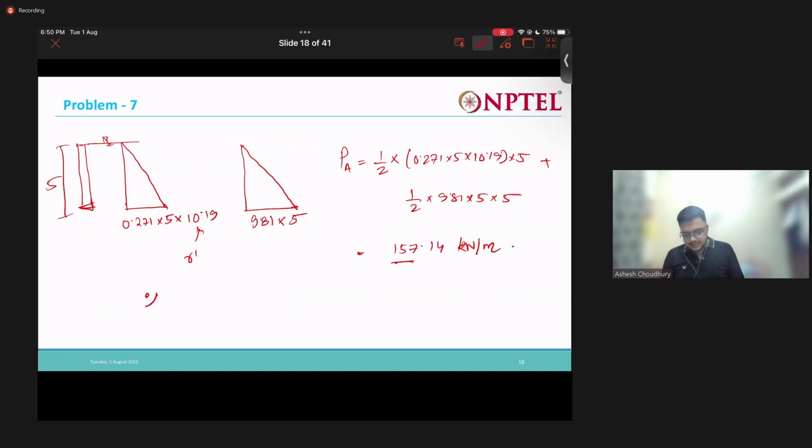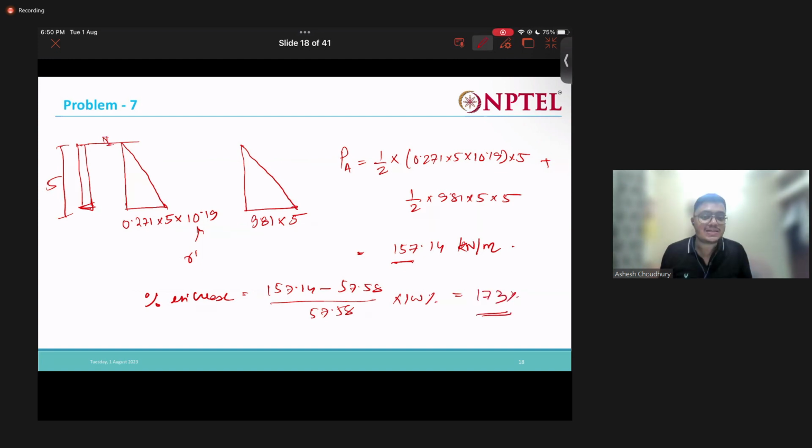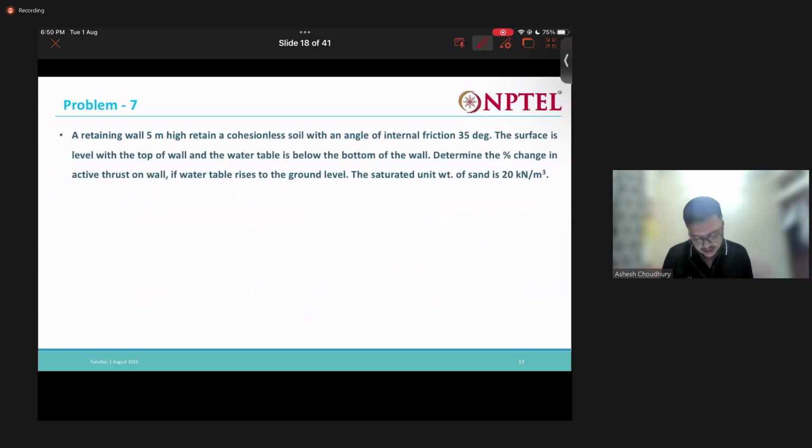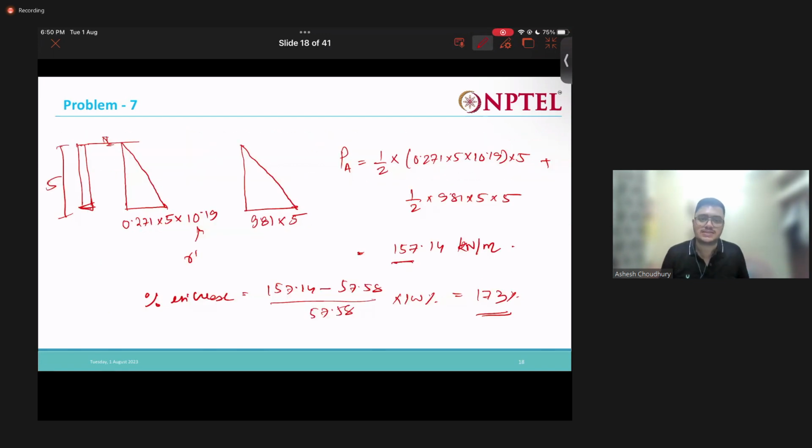If we find the percentage increase, it will be 154.1 minus 57.58 by 57.58 into 100%, which is almost 173%. So almost by 3 times, more than 3 times, the active thrust is getting increased, right?